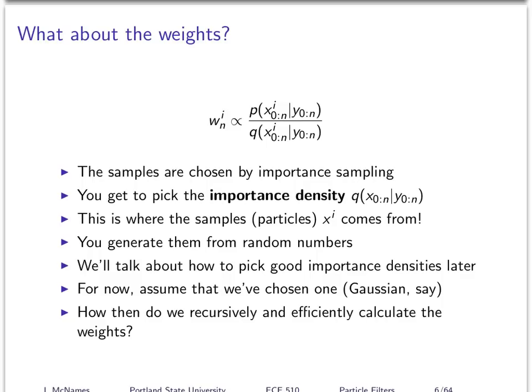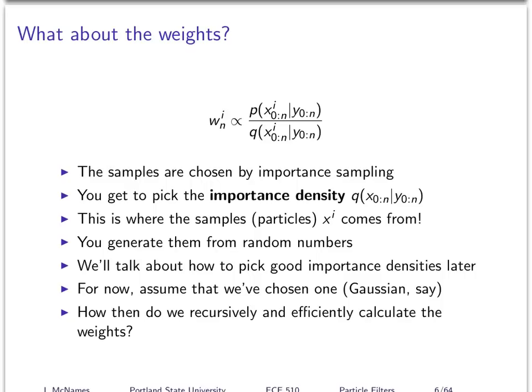And there's tricks. We know that we need the weights to be proportional to the posterior that we're interested in, divided by the importance density that we choose. We pick Q, and we're going to calculate this recursively, but we need to be able to evaluate this and calculate the weights by that ratio. And one of the things we don't want to have to do is every time we go one step forward in time, to have to go through and evaluate this for the entire set of trajectories.